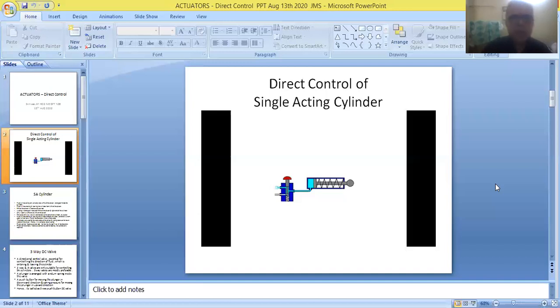Now friends, an element called a plunger is arranged inside the body of the valve, and this plunger will be moving in to and fro directions. The bottom of the plunger is fitted to a spring that is arranged inside the body of the valve, and the top of the plunger is fitted to a push button.